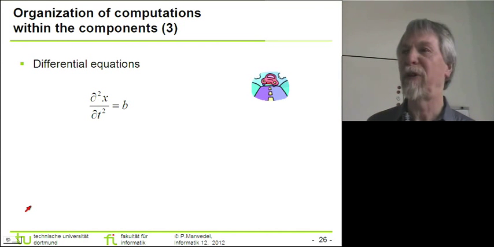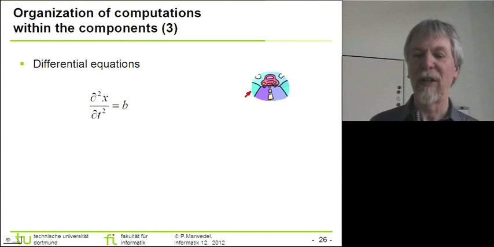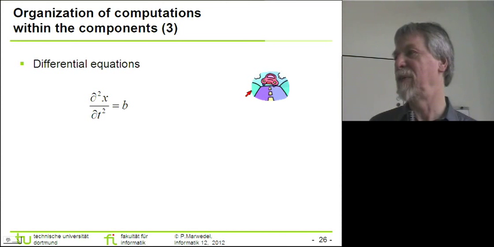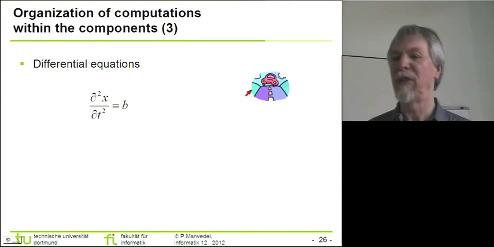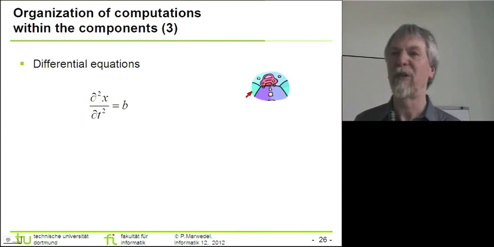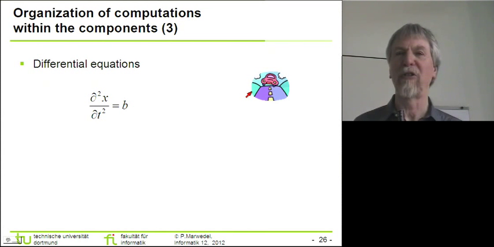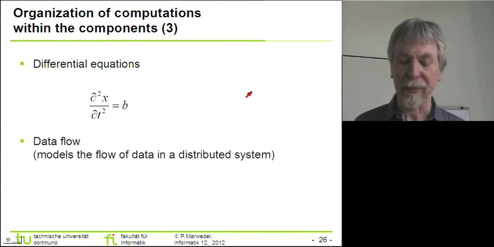So if we have a physical system such as a car, which is jumping up and down on a very bumpy road, like in this animation, then it's very useful to use partial differential equations to describe the movement of the car there. It would be very inconvenient to be constrained to the use of, let's say, discrete event systems. It would be much more convenient to be able to use partial differential equations here.